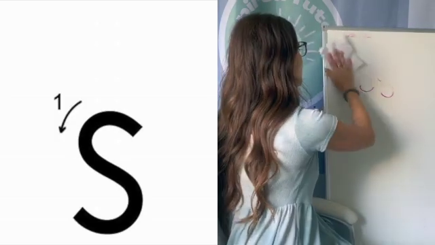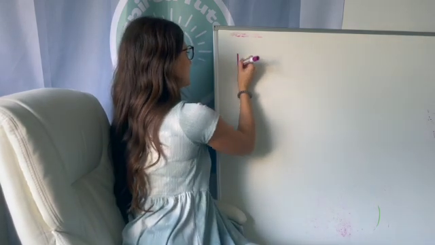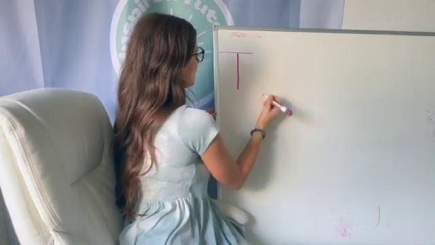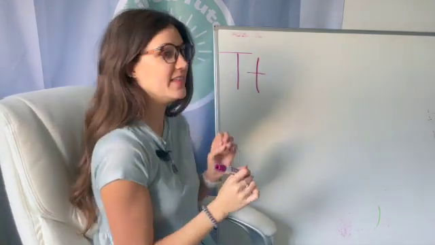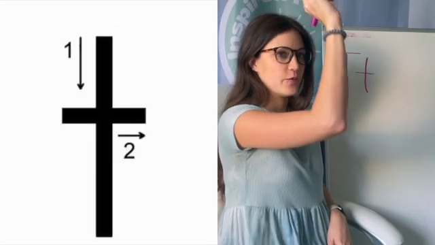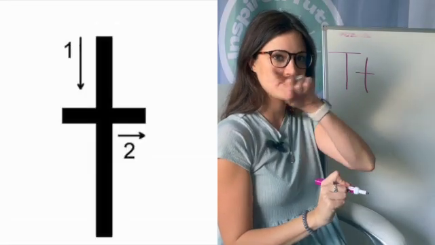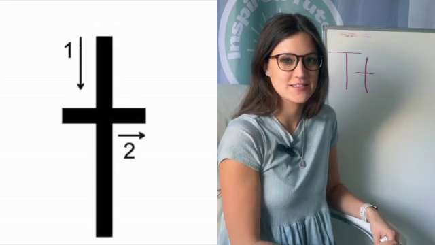Good job. Our next letter is the letter T. So remember, our uppercase T, we go across like this. Our lowercase t, we're going to cross it in the middle like a cross, okay? So let's try and write it. We're going to go down and across, down and across.